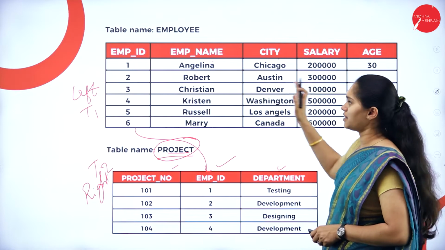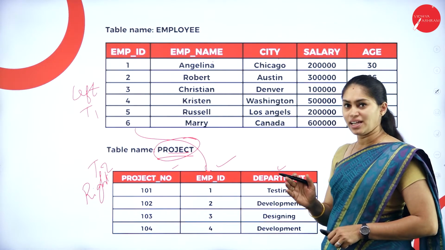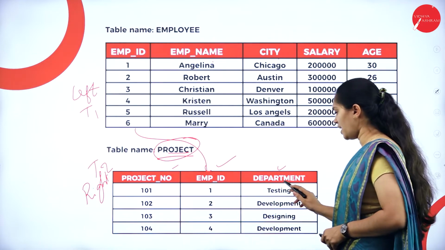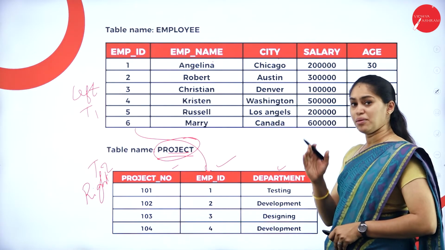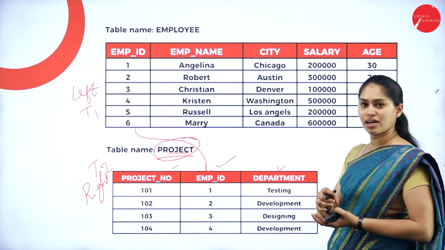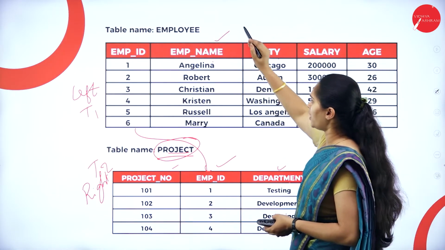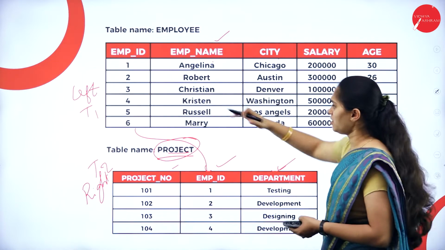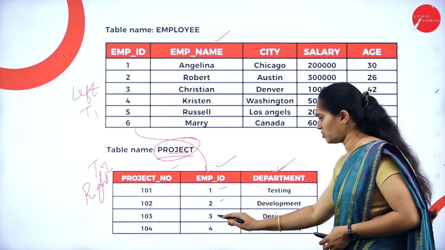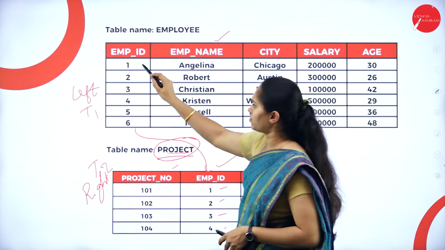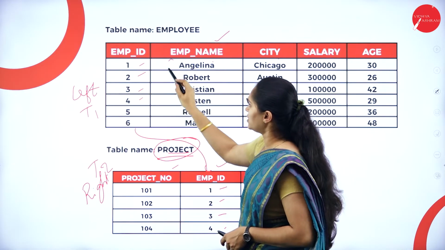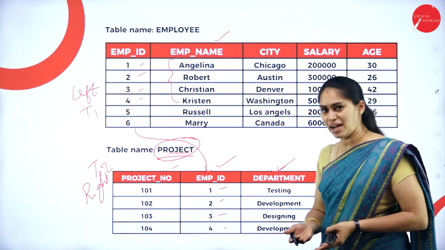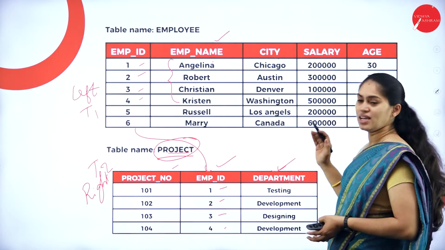These are the columns we have in the employee table. In the project, we have project number, employee ID, department. Now I am trying to pick the employee name as well as their department for those who have a match in both the tables. So 1, 2, 3, 4. Right? Here we have 1, 2, 3, 4. These employee names along with their departments will be displayed as the result of this inner join.